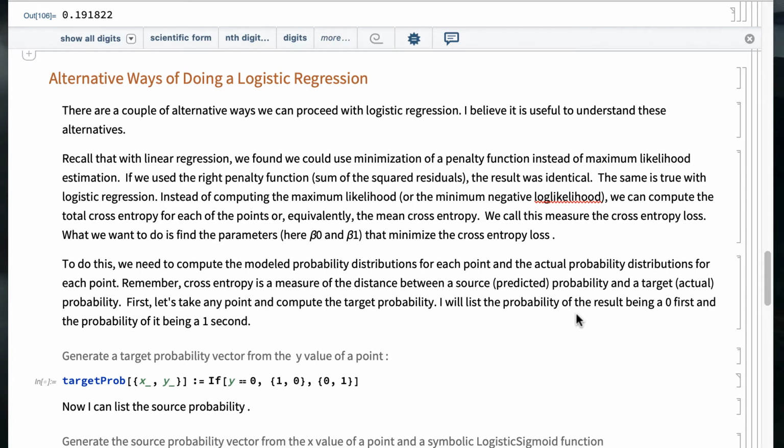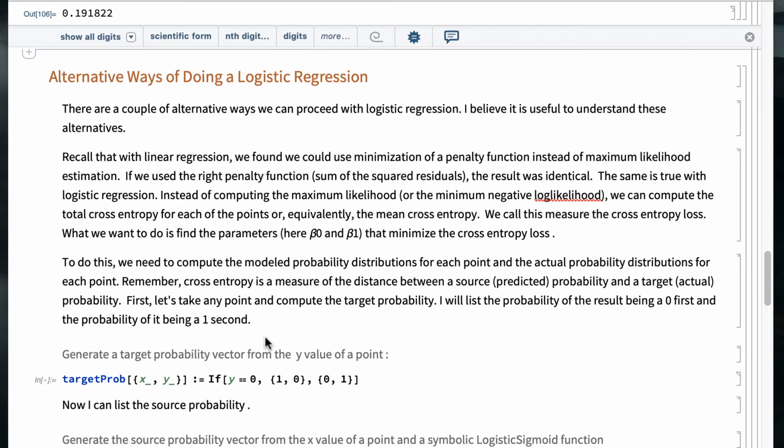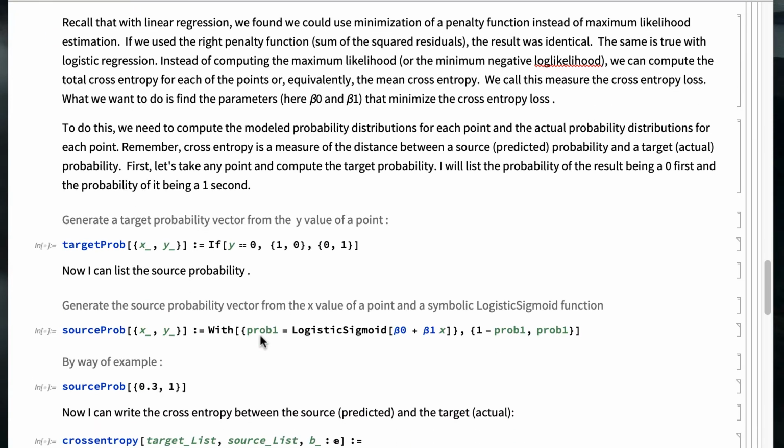It's a measure of the distance, not technically a distance measure, but it's like a distance between a source probability, also called a predicted probability, and a target probability. You can also call it an actual probability. So we're measuring the distance between the prediction and the actuality. So let's get that ramped up. We're going to have a target probability, and if our y value is 0, we'll call that 1, 0.